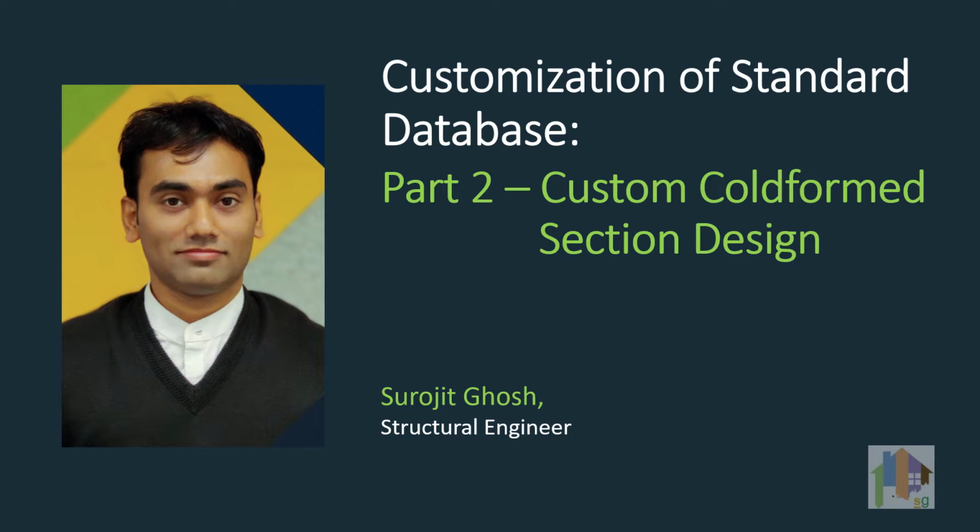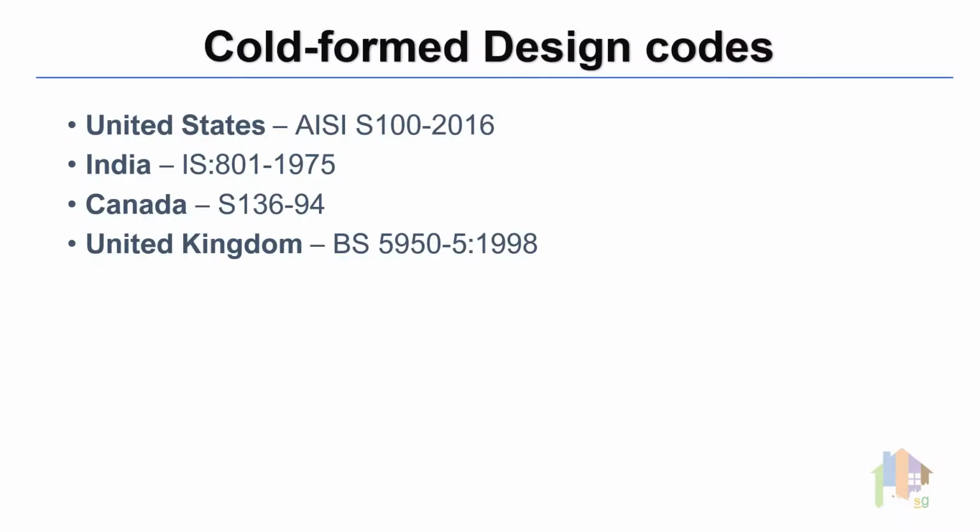But before going into the details, a few pieces of information about the cold form section profiles and design codes. Four design codes are available which can perform cold form section design. For India, IS 801-1975. AISI S100 is the American standard code.